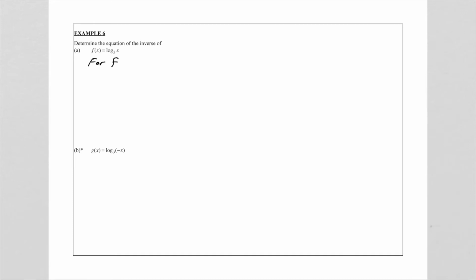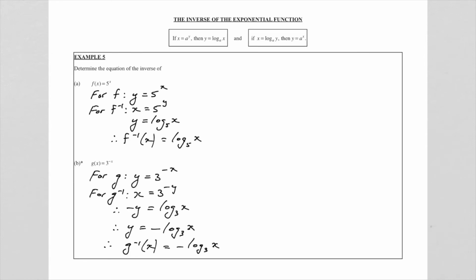So for f, y is equal to the log of x with a base of 5, and then I say for the inverse, we will get that x is equal to the log of y with a base of 5. And now we need to use the definition again, and we're going to use this one. You will remember that in example 5, we used this one.